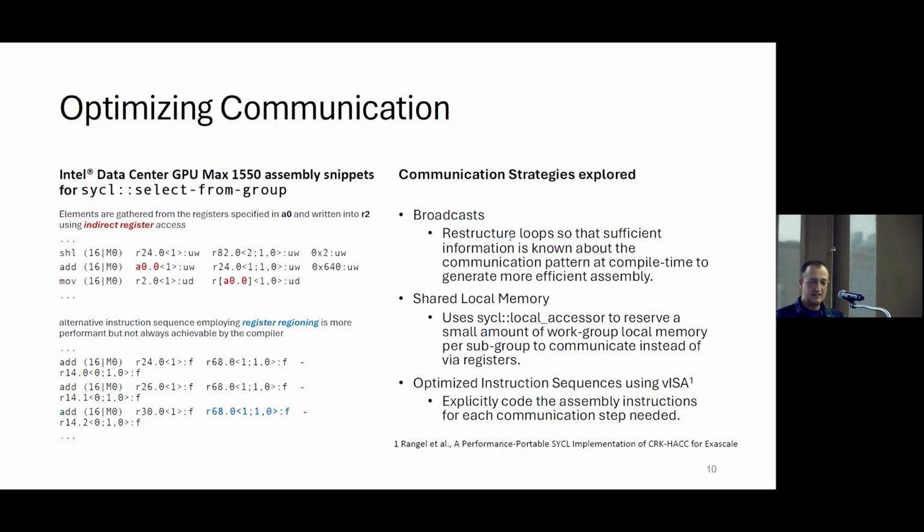And I think in the Amber code, you did exactly the same thing. You ran into this same issue where using the shuffles turned out to be more of a performance bottleneck. So simply using shared local memory is a good workaround.